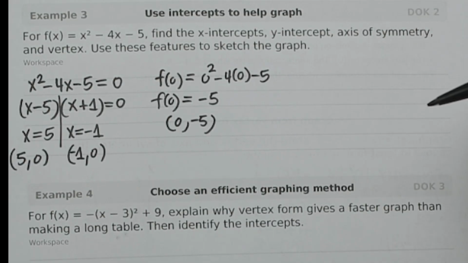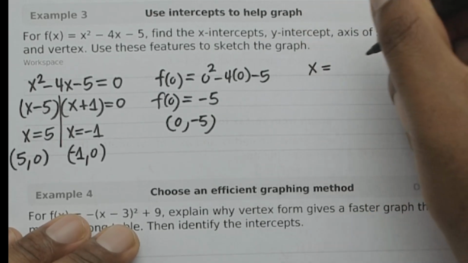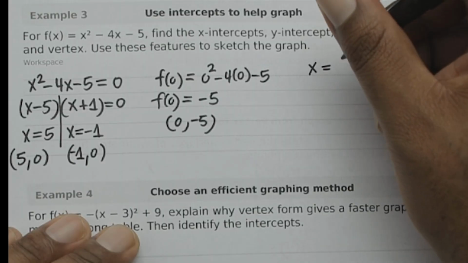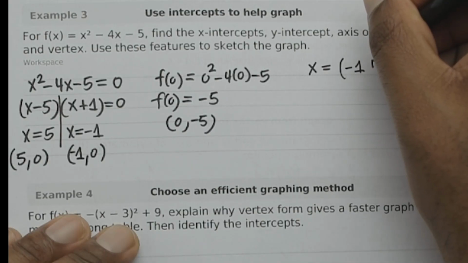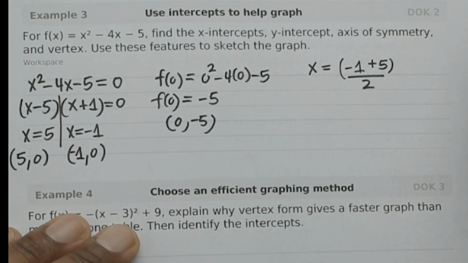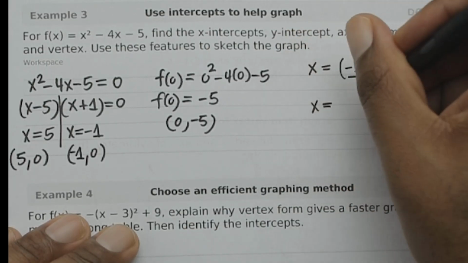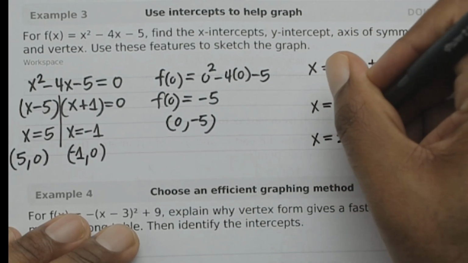So the axis of symmetry, right? The axis of symmetry is halfway between the x-intercepts. So we would write it as x equals (-1 plus 5) divided by 2. x equals 4/2, x equals 2.